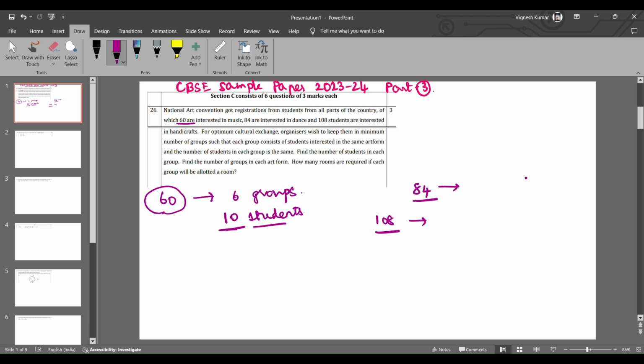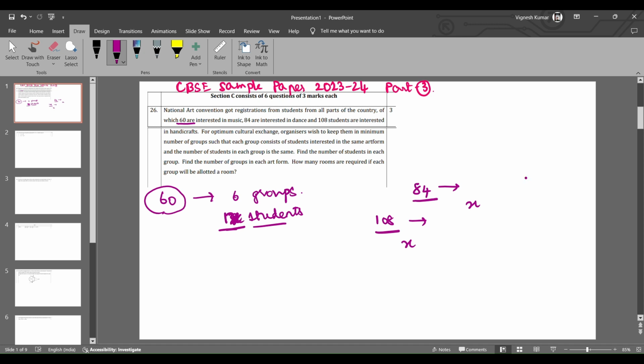So in order that we divide them into groups in which each group contains the same number of students, this x value, this number of students in each group, should be divisible by all the three numbers 60, 84 and 108. So let us take, just by the look, we can understand that it is divisible by 2. 60 is divisible by 2, 84 is divisible by 2, 108 is also divisible by 2.